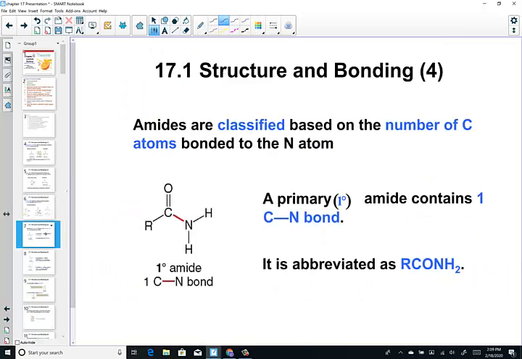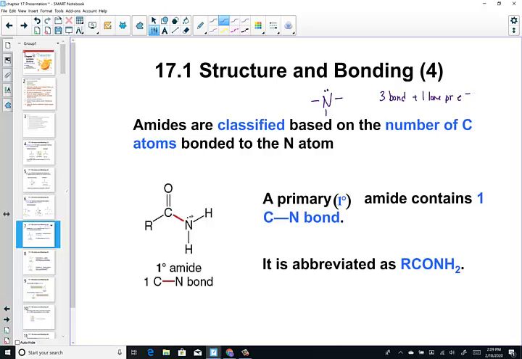Amides are classified based on the number of carbons that they are bonded to. So find your nitrogens and count how many bonds lead to carbons. Now remember, nitrogen itself is in group 5A, so we'll have 3 bonds and a lone set of electrons. That's what nitrogen needs to have a complete octet.